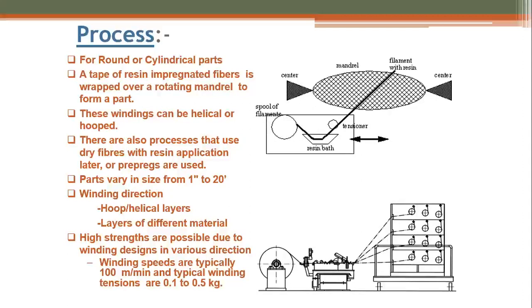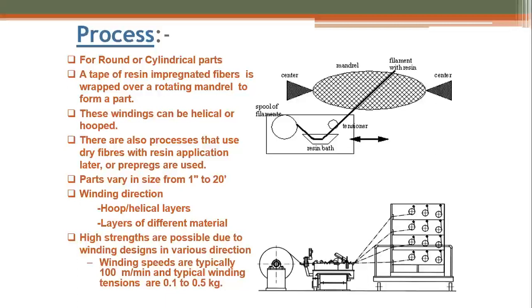Helical or hooped parts can be easily wound in this process, and the part size can be varied from 1 inch to 20 inches. The winding direction is hoop or helical layers, or layers of different material.